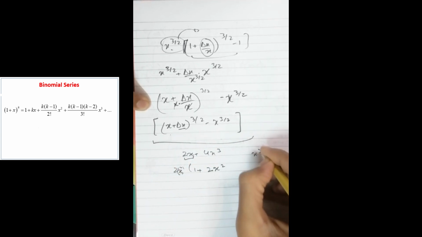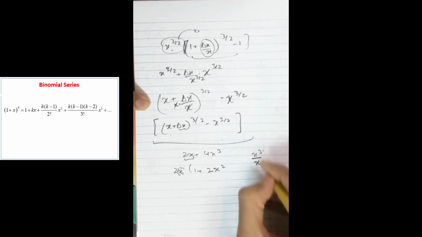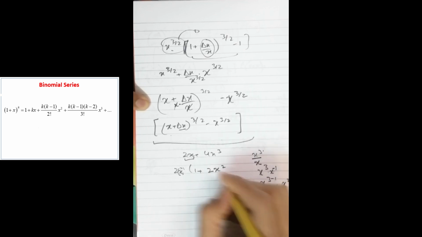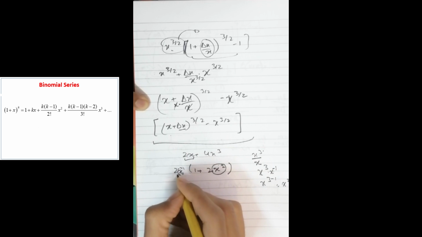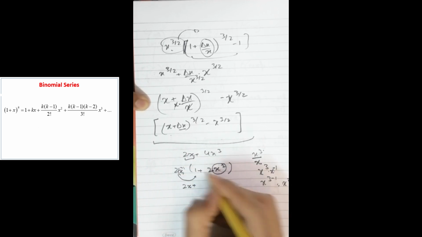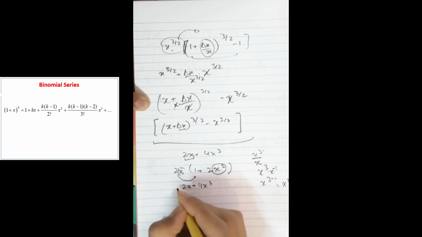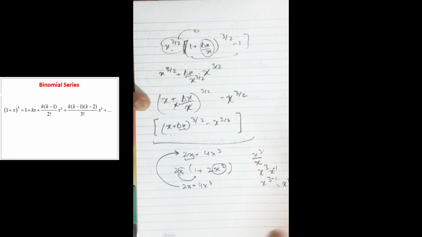So x cubed, and in the denominator there is x, so this x would go up, x cubed times x to the power negative 1, and when the bases are the same the powers are added, x^(3-1) gives x squared, so this is remaining over here, and I took out common. Now if you multiply this 2x inside, what would happen? 2x plus 2 times 2 x squared times x, giving 4x cubed. This is the same term which I was given in the first step.